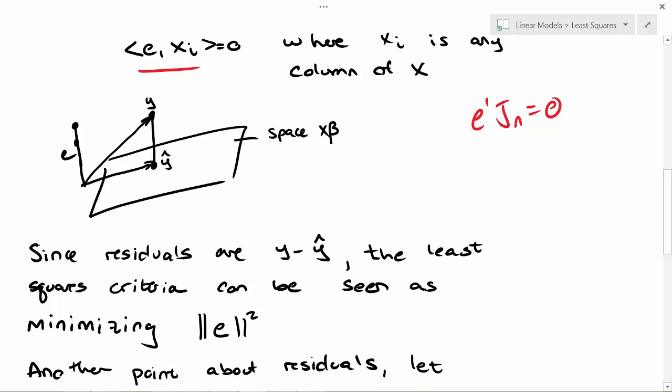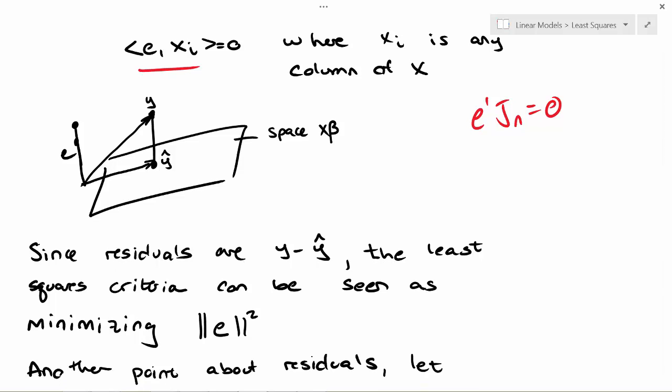Here's why this is the case. Let's draw the picture out. Here we're drawing in R3, so n is 3 and y is a point in R3. The plane defined by the column space of X is the plane that we'd like to project y onto.